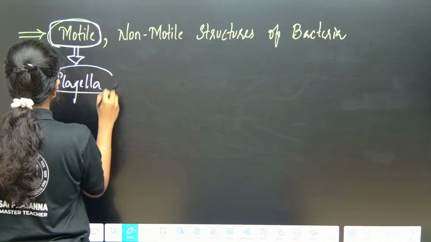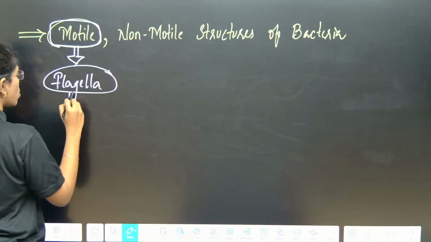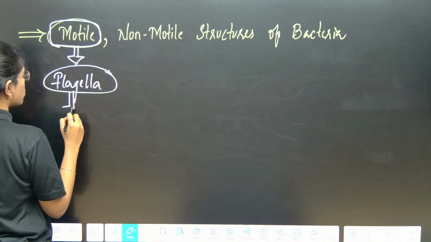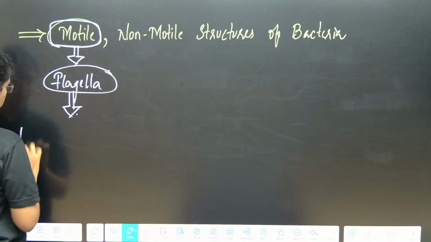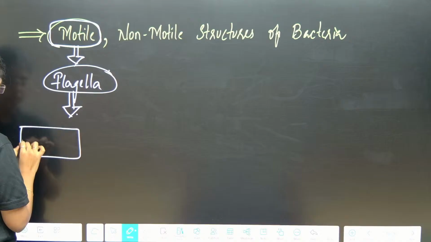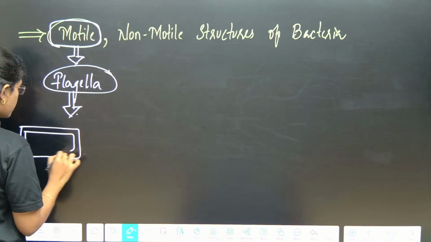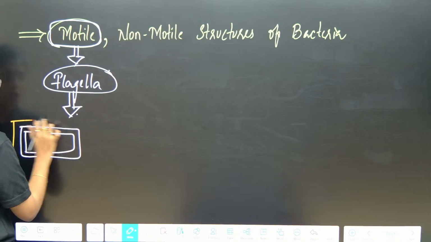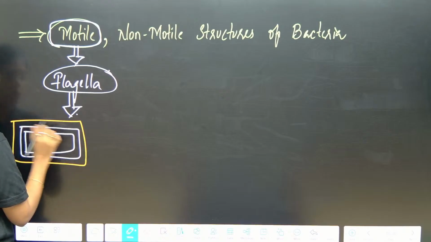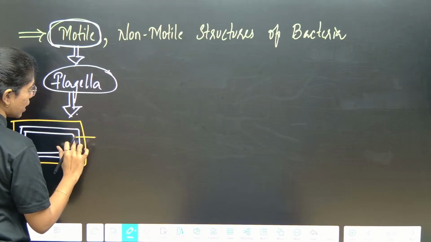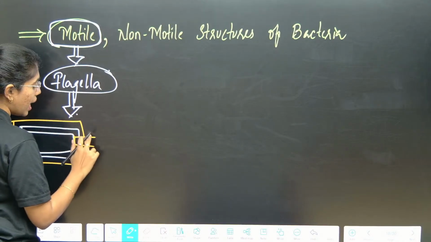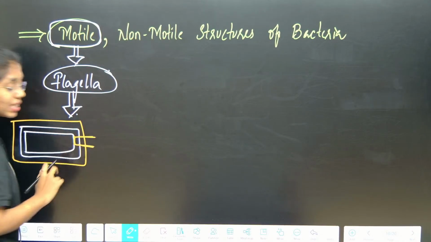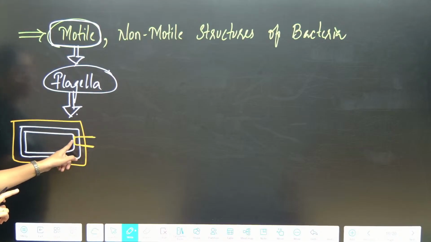Flagella is primitive, and if you consider this as a bacteria with 3 layers, and this is the outermost layer, first it originates from the cell membrane. Remember, it originates from the cell membrane and extends from the cell wall.